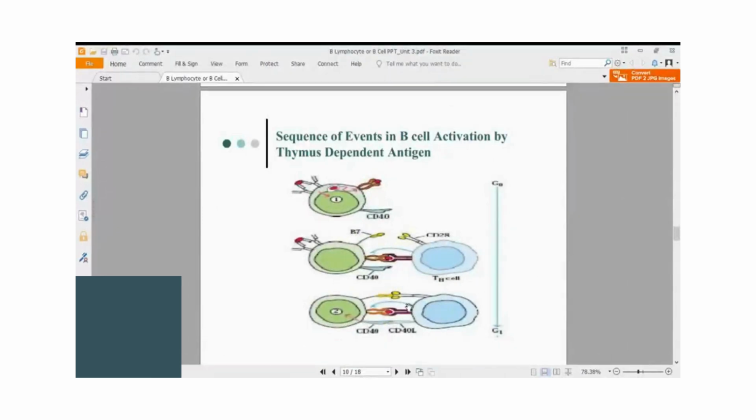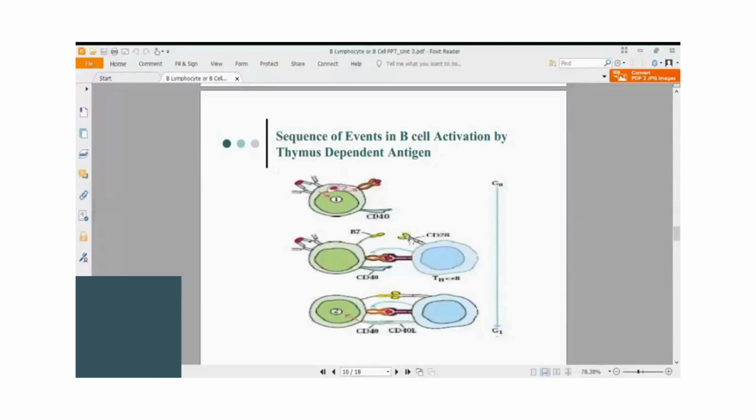Now you see, the first contact was through class 2 MHC with TCR plus CD4. The second contact was with CD40R and CD40L. Then the third contact will take place through two more receptors, that is B7 from the B lymphocyte and CD28 from the TH cell.